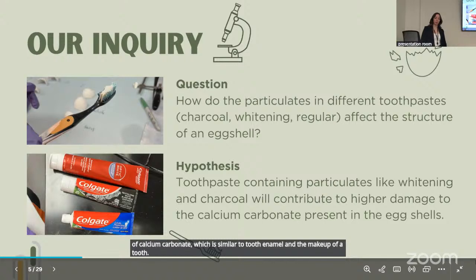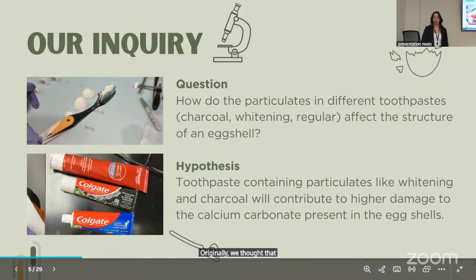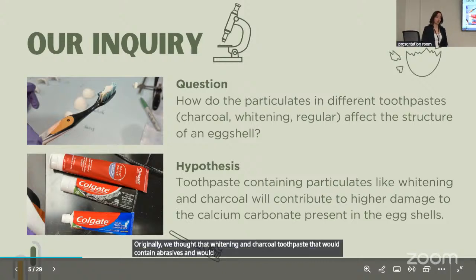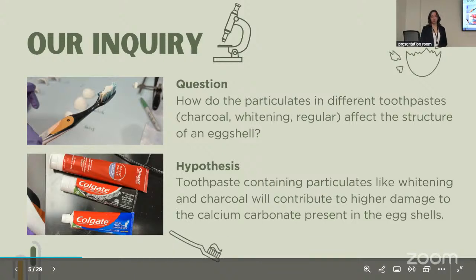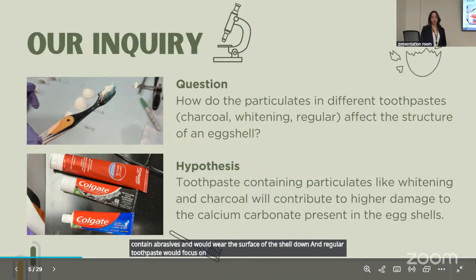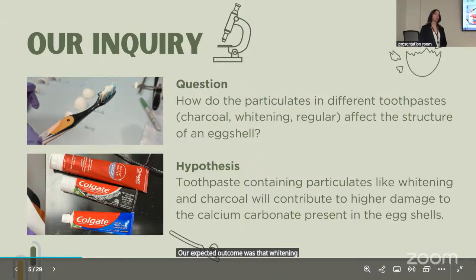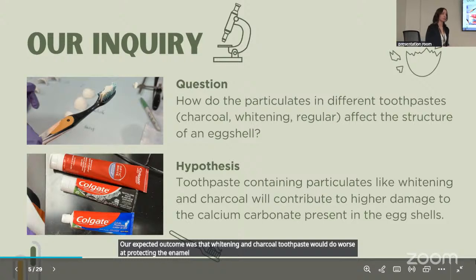Originally, we thought that whitening and charcoal toothpaste would contain abrasives and would wear the surface of the shell down. And regular toothpaste would focus on protection and be less abrasive. Our expected outcome was that whitening and charcoal toothpaste would do worse at protecting the enamel, or the eggshell in this case.